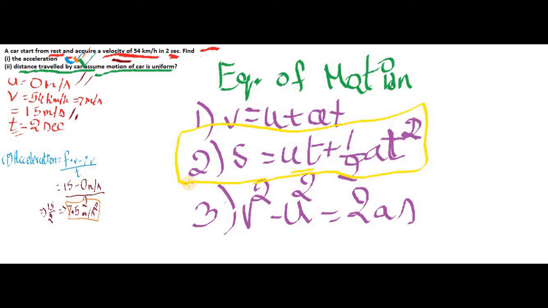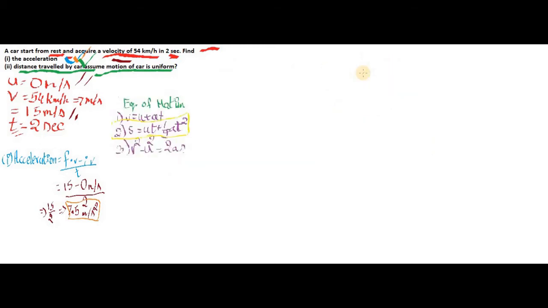When we know the equation of motion that we have to use, it's very simple for us to solve the next part of the question. Let's write the equation once again that we are going to use here. s is equal to ut plus half at square. Now let's substitute the values from the question.